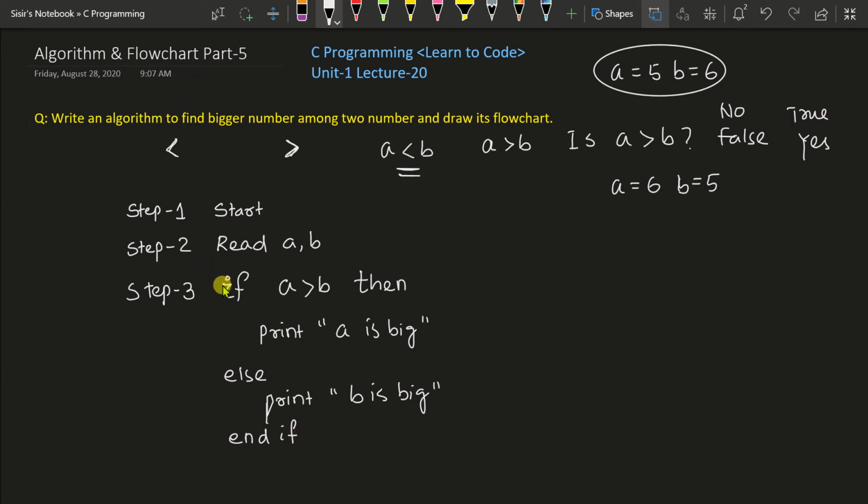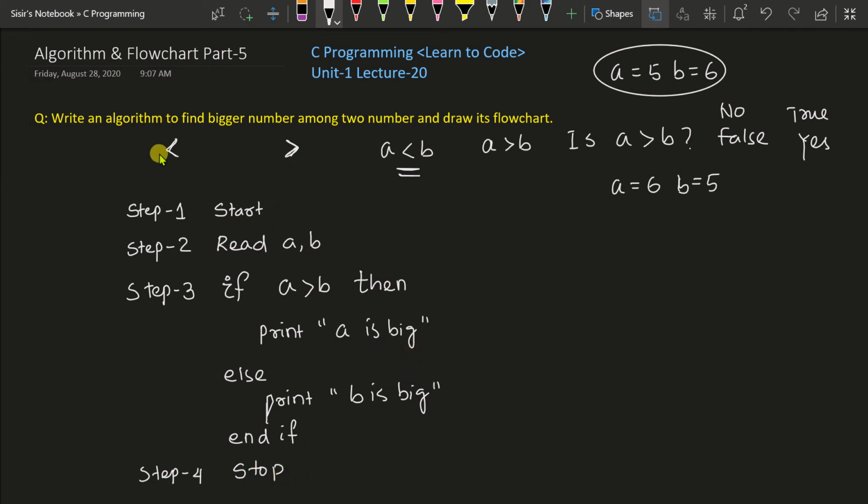So the if statement starts from here and ends here. First the compiler will check whether a is greater than b or not. If a is greater than b, then it will print a is big. If a is not greater than b, then b is printed. And the last step of this algorithm is step number 4, which is stop.